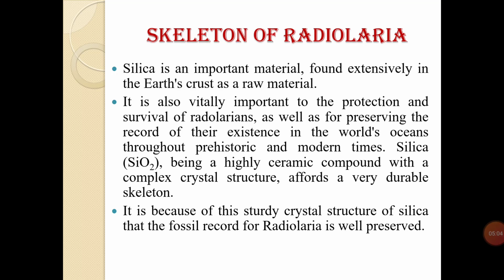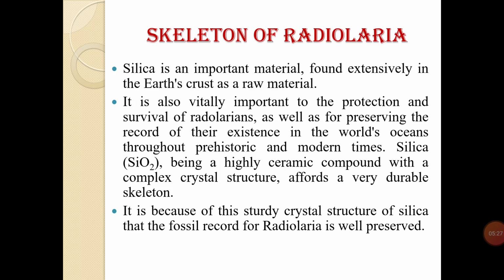As silica is an important material found extensively in the Earth's crust as a raw material, it is also vitally important to the protection and survival of radiolarians, as well as for preserving the record of their existence in the world's ocean throughout prehistoric and modern times.